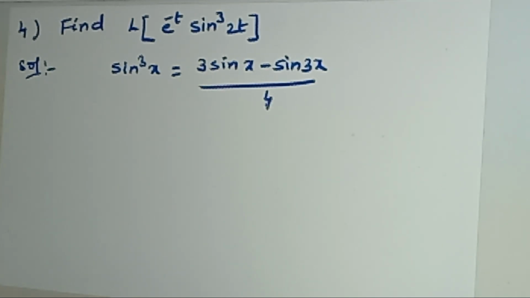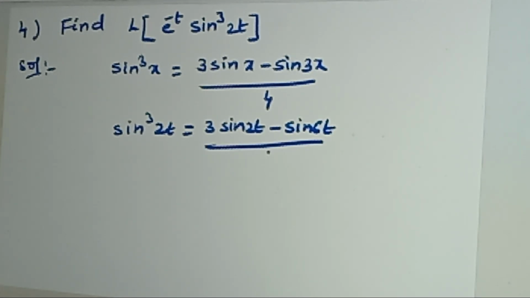Okay. x के जगह आपको क्या दिख रहा है? 2t. ओके, सो साइन क्यूब 2t का वैल्यू क्या है देख के बताइए. साइन क्यूब 2t विल बी इक्वल टू 3 इंटू साइन x के जगह क्या पुट करना है? 2t पुट करना है. सो इट विल बिकम 3 साइन 2t माइनस साइन 3 इंटू 2t it will become. So this is nothing but sine 6t upon 4.